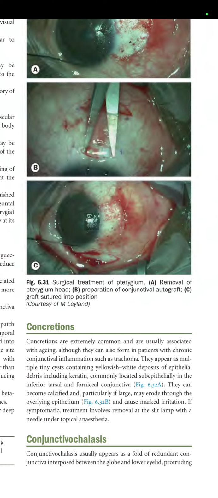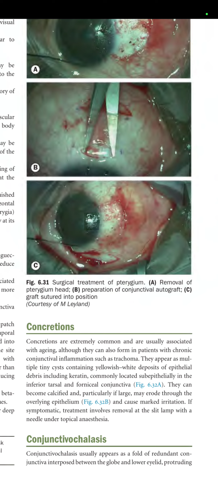So conjunctivochalasis is basically the redundant fold of conjunctiva that is present in the inferior side of the eyelid, superior side of the inferior eyelid basically. And why it happens is because of the loosening of the adhesion between the tenon capsule and the conjunctiva.